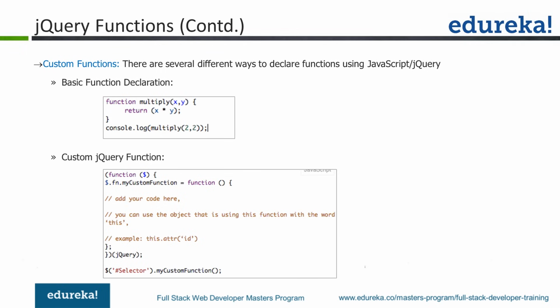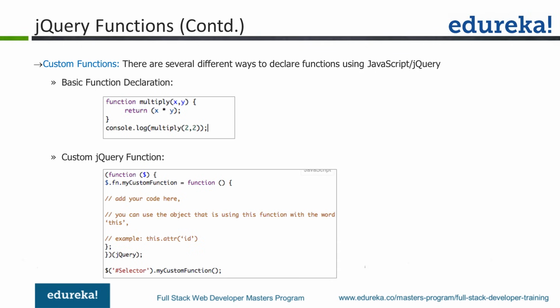Moving on. jQuery also allows us to declare functions of our own on the dollar object. This again goes back to the fact that functions are also objects, and objects can contain functions.